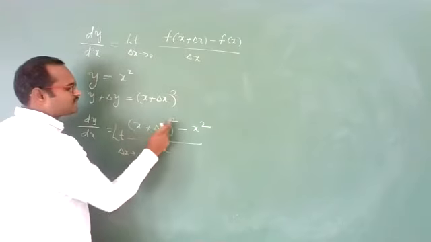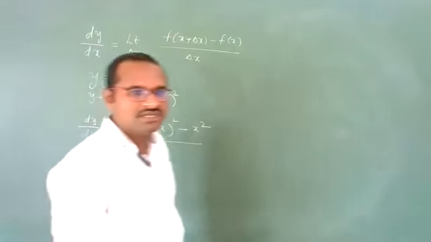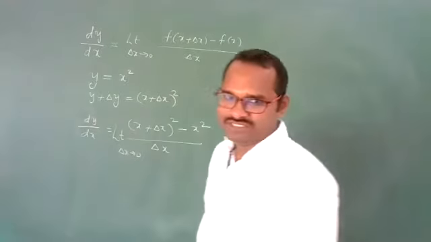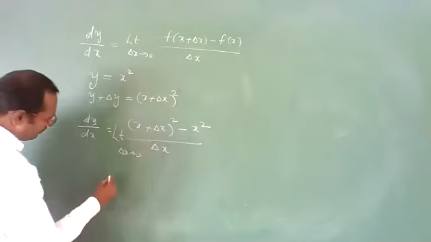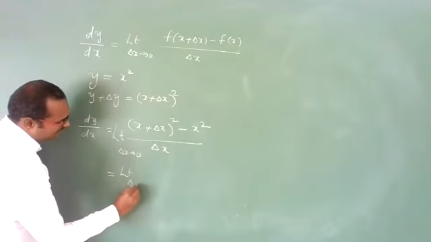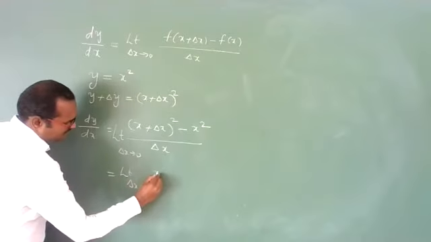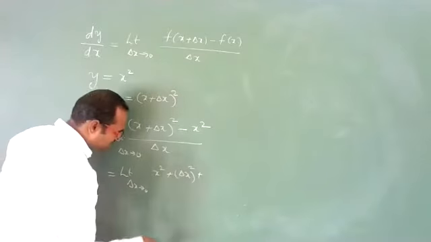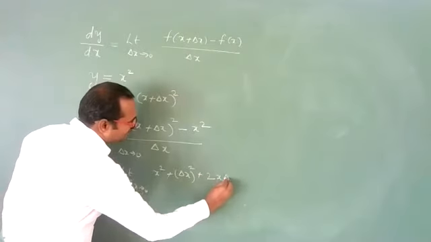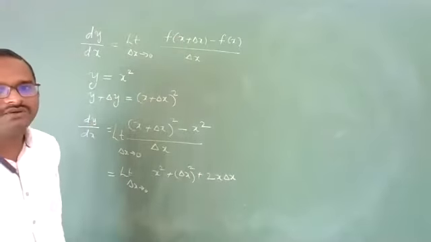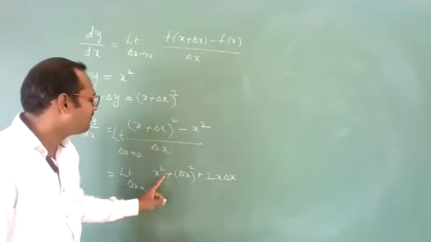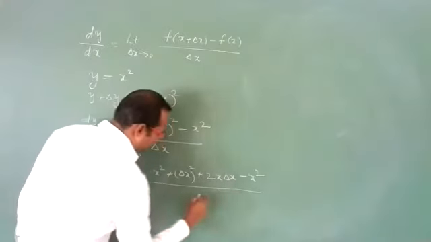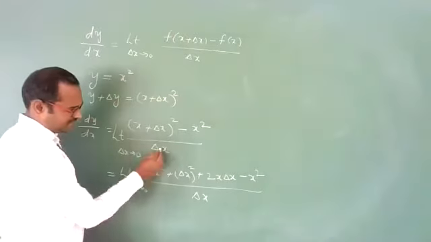Now, x plus delta x whole square is in the form of a plus b whole square, which is a square plus 2ab plus b square. So we get the limit as delta x tends to 0 of x square plus delta x whole square plus 2x delta x, minus x square, divided by delta x.